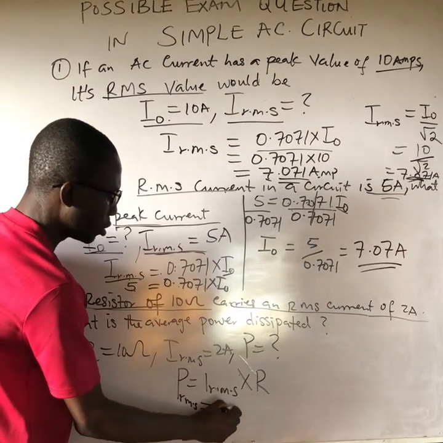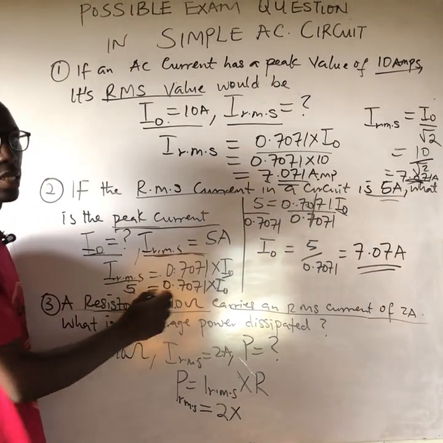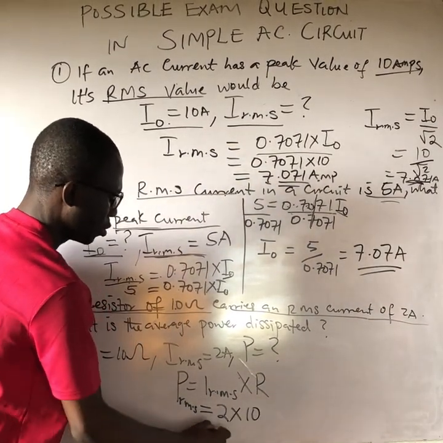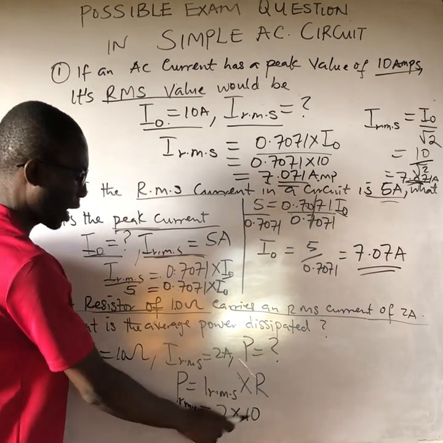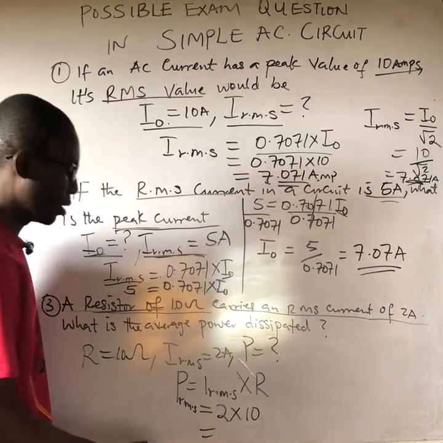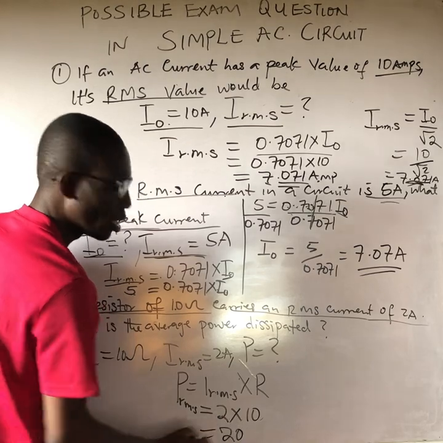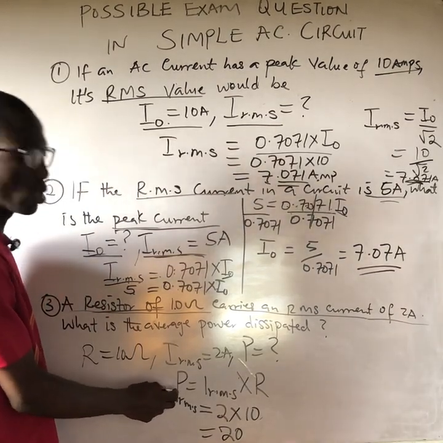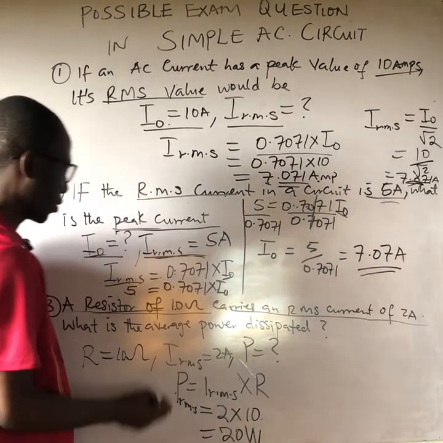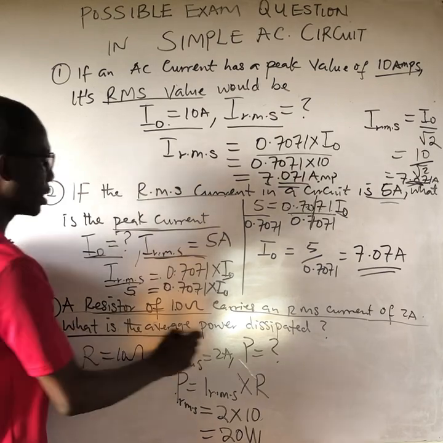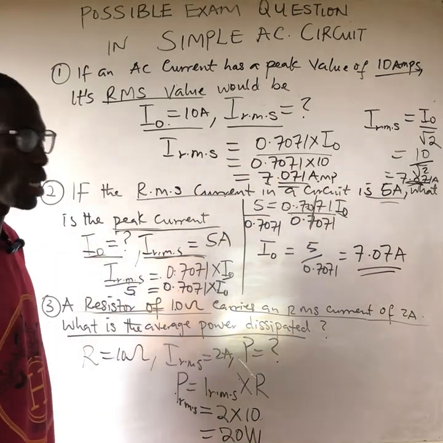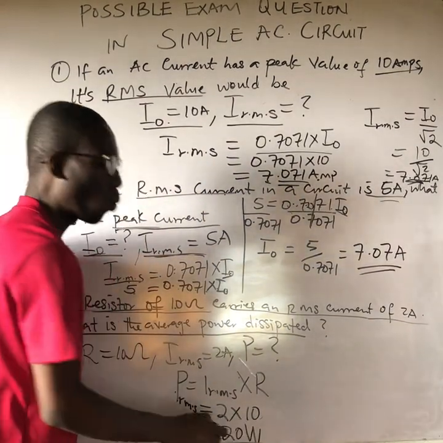So we have 2 squared times 10, which will give us 20. And then the unit of power is watt. So the answer to this question, what is the average power dissipated, is 20 watts.